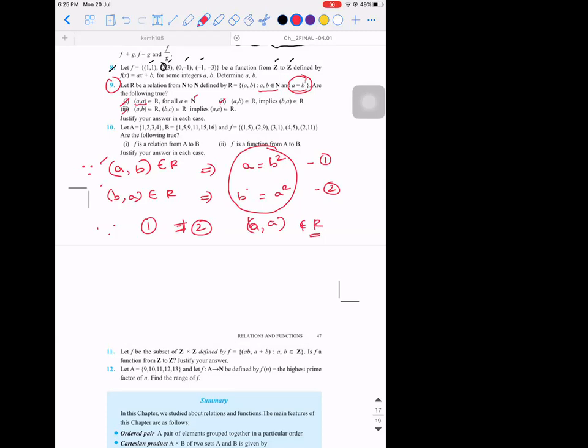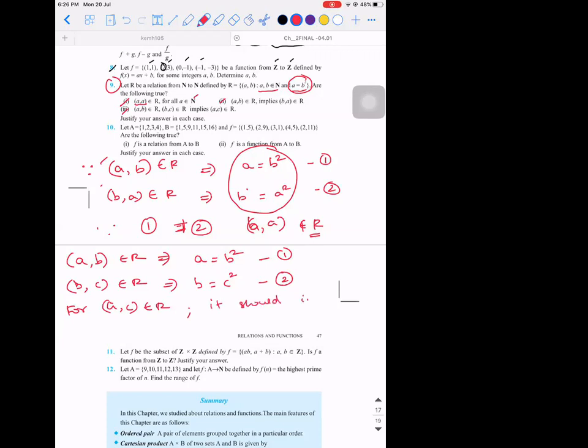Similarly, what have they told us? (A, B) belongs to the relation R. Here R doesn't stand for real numbers, it stands for relation R. So (A, B) belongs to R, which implies A is equal to B square. Similarly, (B, C) also belongs to R, correct? Then what should be the relation? B is equal to C square. For (A, C) to belong to R, it should imply what?